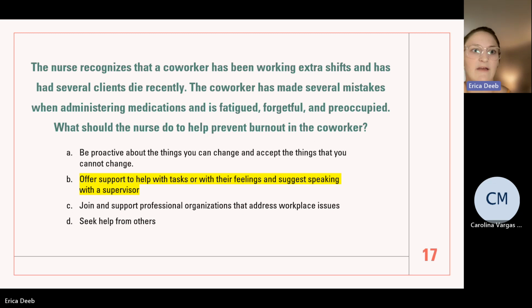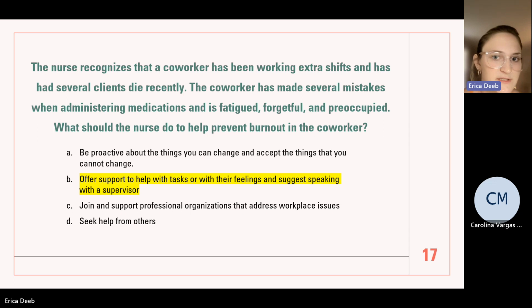If this coworker says she's had several clients die recently, sometimes you can get stuck with a lot of patients that have similar diagnoses, and that can become really challenging if you're dealing with that every day. So then you can talk to the supervisor, see if maybe you could get a different assignment for a few days that is a little bit lighter or just different.